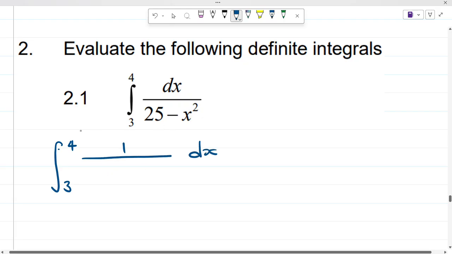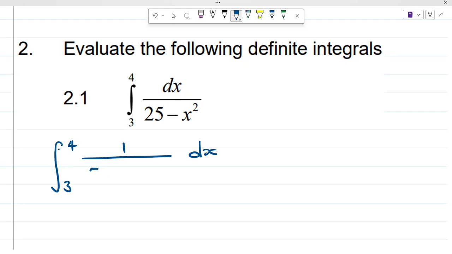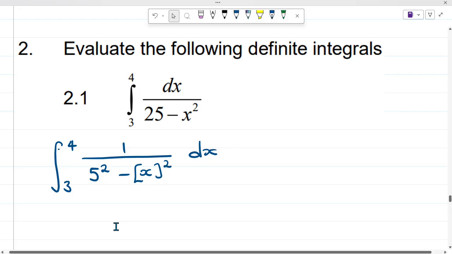And then this 25, I'm going to change it to a squared. So it's going to be 5 squared minus x squared, in bracket x and then squared, dx there. So I check on my formulas, do I have this thing of having a squared minus f of x squared? So I check and I find that one is that one of hyperbolic tan inverse.